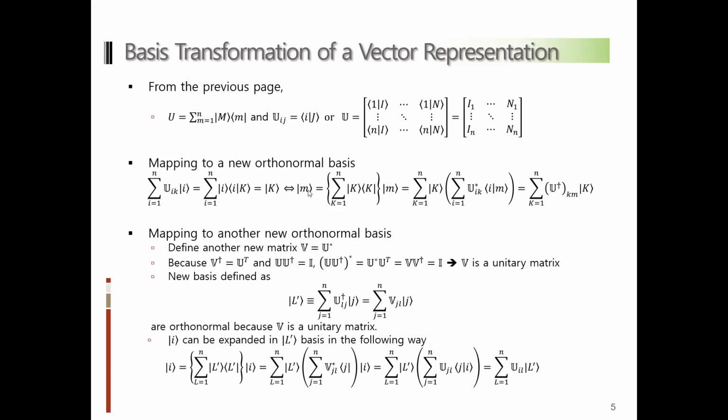Each of the original orthonormal basis can be rewritten by plugging in the identity operator. So this is the summation over all the new orthonormal basis, and this is the identity, so I can just add this one.